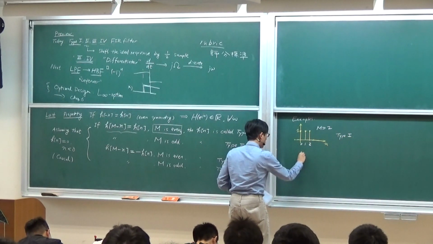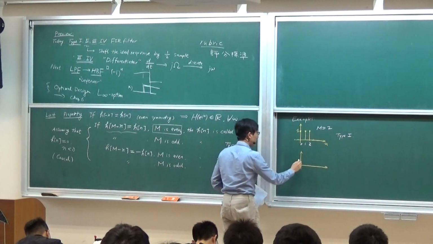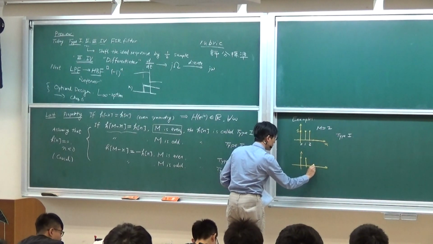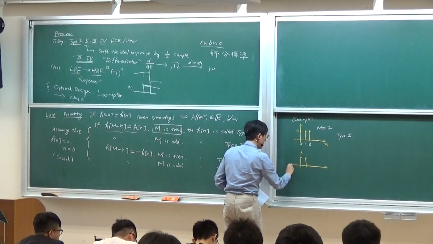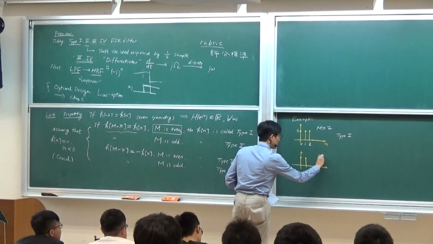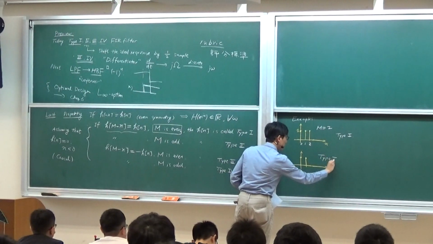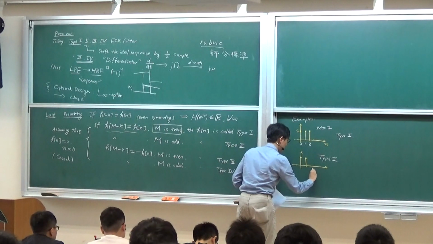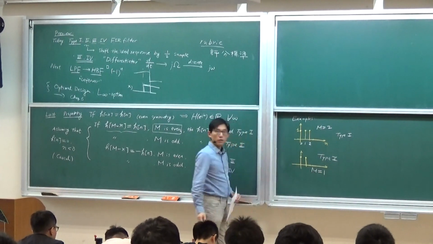Now, the second example is type 2. So what would be an example of type 2? Very easy. Simple enough, whereas everything else is 0. This will be a type 2. And the reason is because m equals 1.